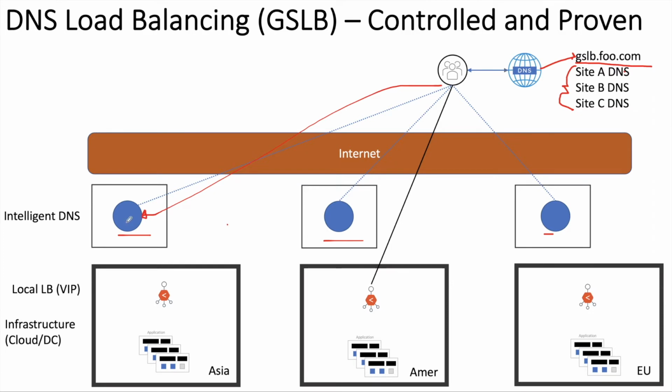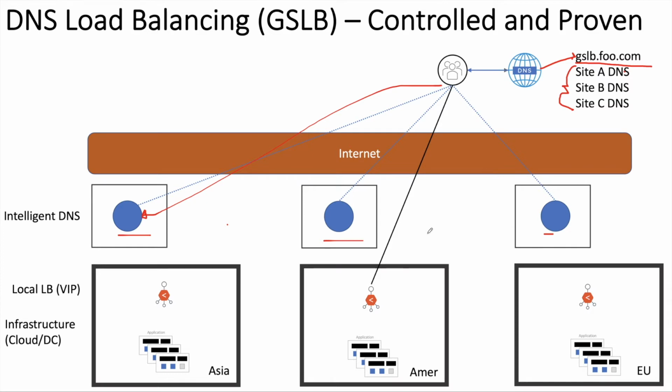So you can do things like, for example, route a user based on their geolocation, right? Based on their source IP, we can route them to a specific data center. You could route them based on what data center is going to give that user the best performance at that moment in time, okay?